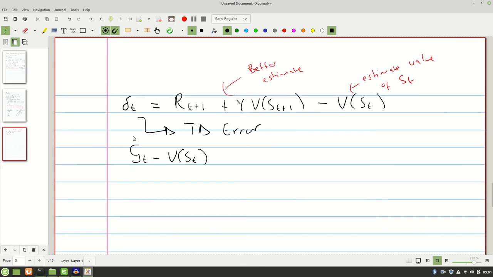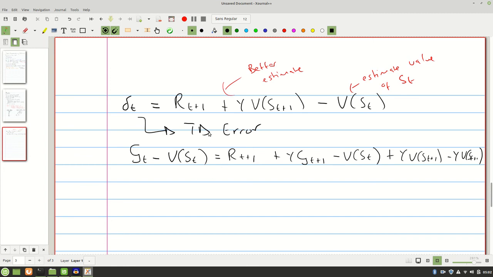And we can write this as R t plus 1 plus gamma G t plus 1 minus V S t, which is quite similar to what we already have here, plus gamma V S t plus 1 minus gamma V S t plus 1. I just added and removed the same term here, so this is essentially equal to 0, but it's going to be important for proving this.